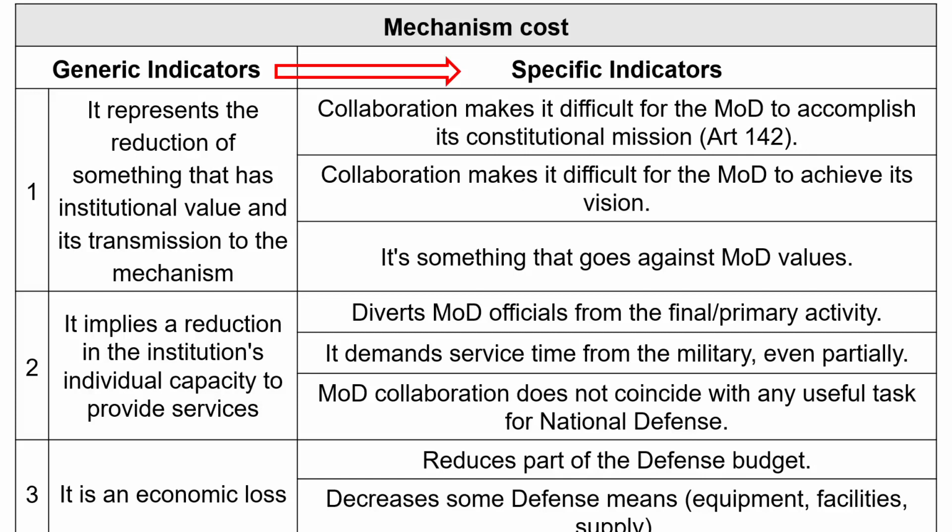According to Article 142 of our Federal Constitution, we have our primary mission, our constitutional mission related to sovereignty. So defend our country against any invasion, for example.